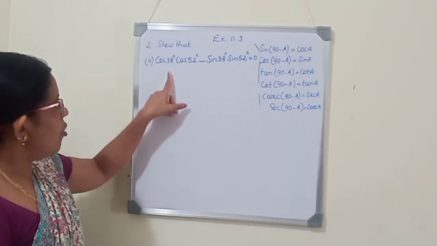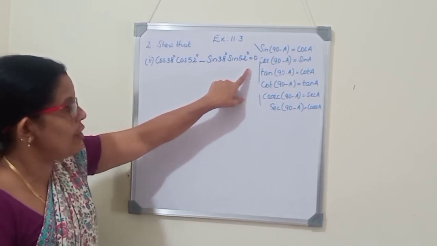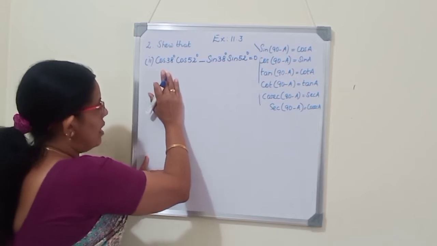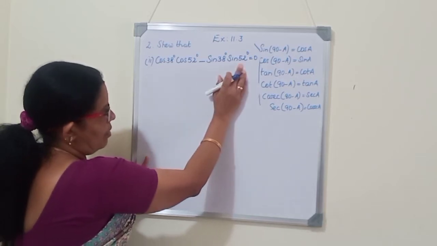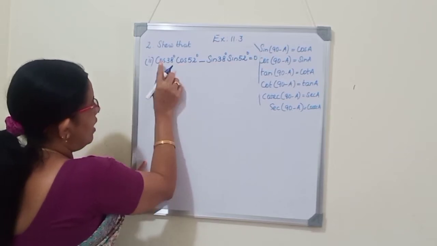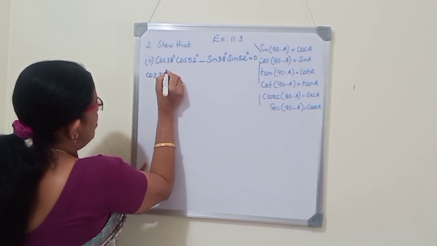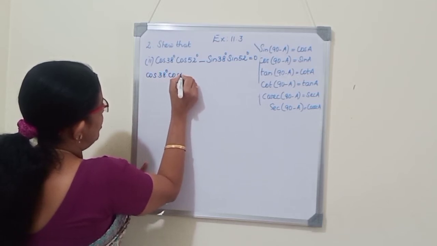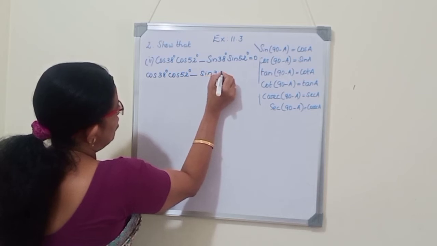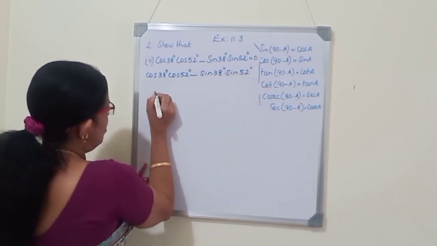Next question, cos 38 cos 52 minus sin 38 sin 52 equals 0. In this case either the starting or the last part we have to change. At a time these two we will change or these two. So I will write as it is LHS, cos 38 degree into cos 52 degree minus sin 38 degree into sin 52 degree equals.